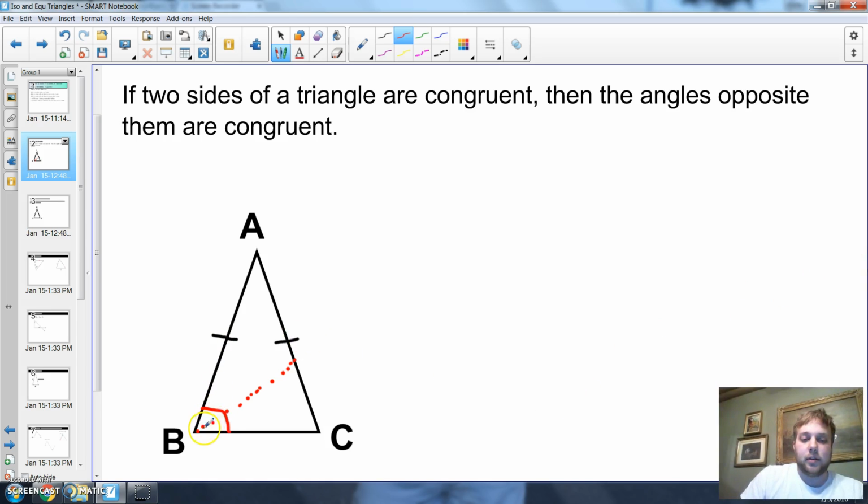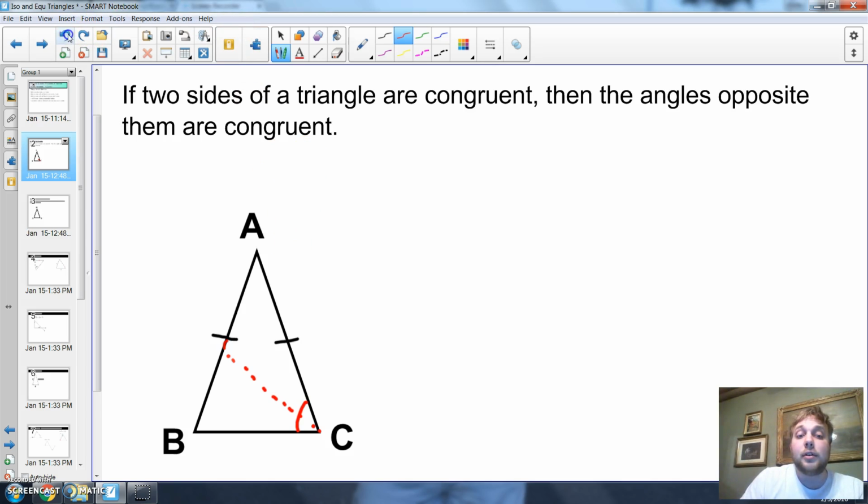So the opposite of this angle is over here. And then the same thing over here. Look at the opposite of this angle. That's the opposite of that angle.